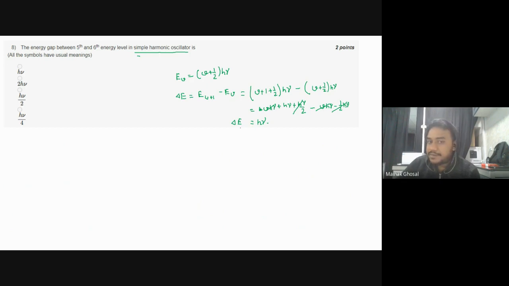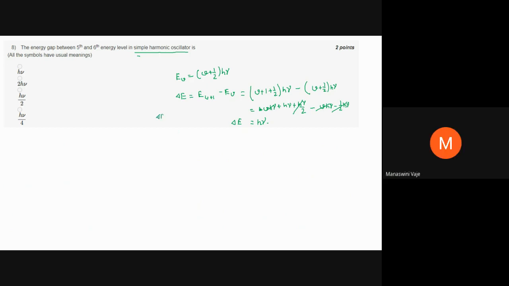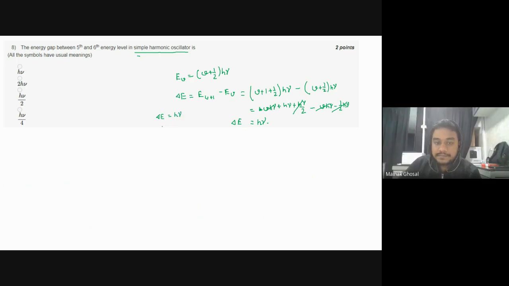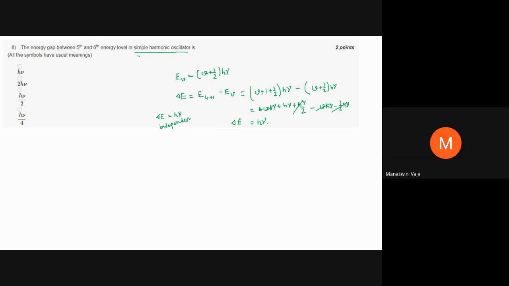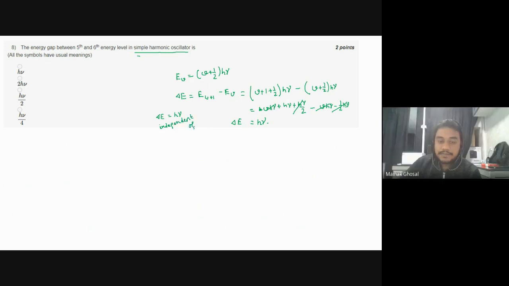Is there any mention of this quantum number V? The energy difference between two states is h nu. Is there any mention of V? No. So it is independent of V.